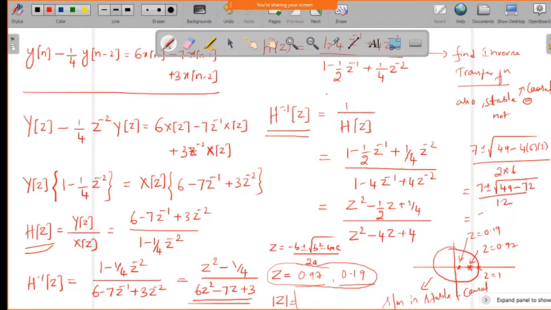So this is equal to 7 plus or minus j square root of 23, divided by 12.